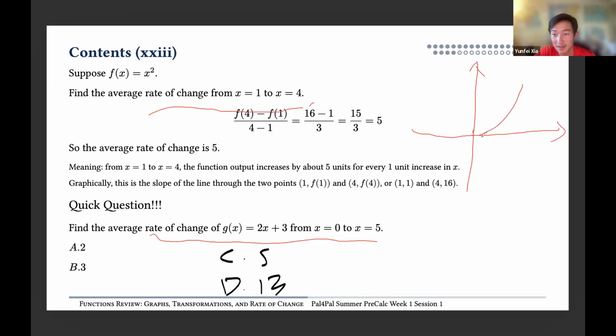So here you have a parabola, with x equals 1 and x equals 4 here. Yeah, you just plug in the numbers and you get this. It's pretty easy. And what it means is that the line here has a slope of 5. Is that good?